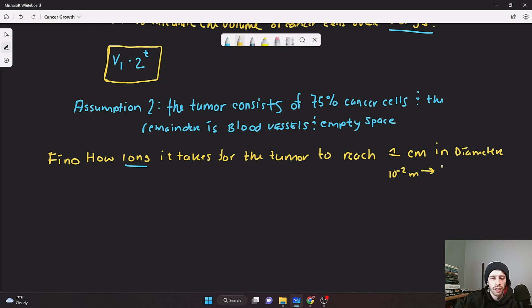If we assume again that the tumor would be spherical, that is not always the case. In fact, tumors can be quite irregular. But for our case, we will make that assumption.